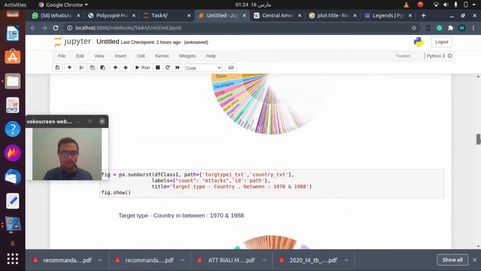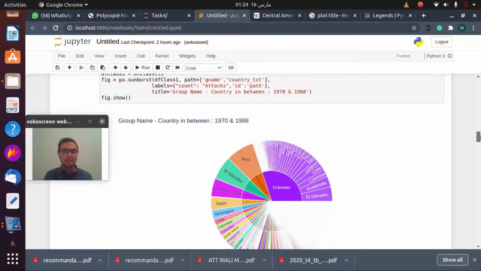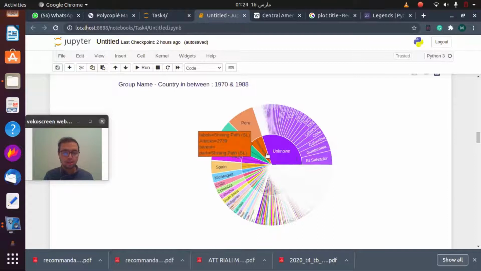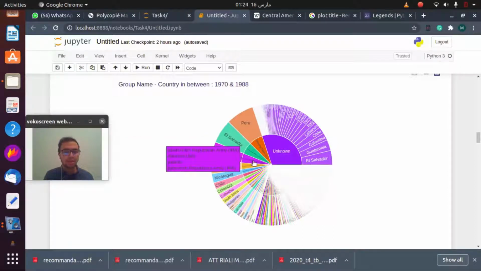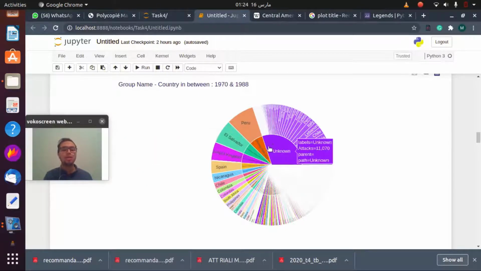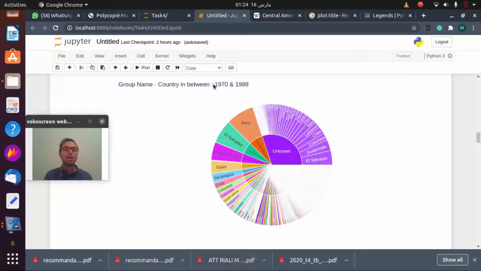Here we have the first class, and as we can see, the Shining Path, Liberation Front, Irish Republican Army, etc. are the most important groups that carried out the highest rate of attacks between 1970 and 1988.